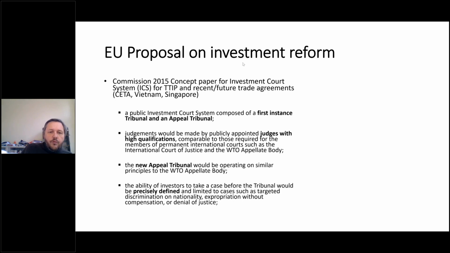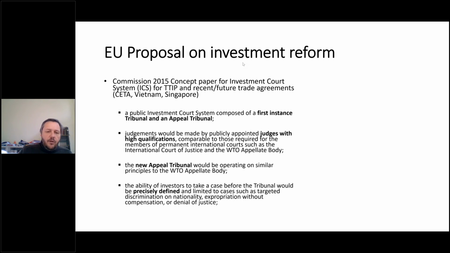Once I went over the last bullet point, which is important for the Commission, that they have a first instance tribunal, an appeal tribunal, very much mimicked on the WTO, but also that they far more precisely define on what investors can bring claims to a tribunal.